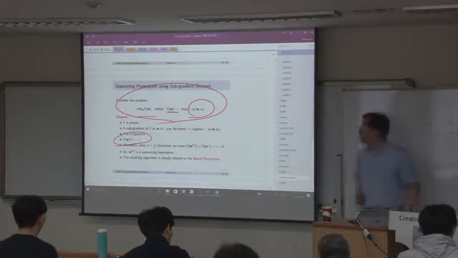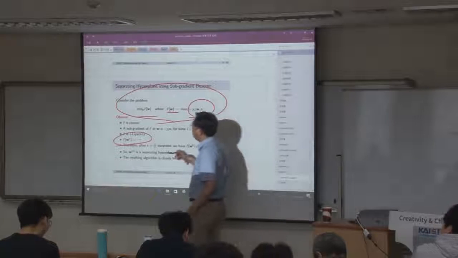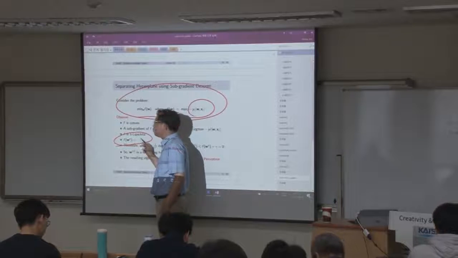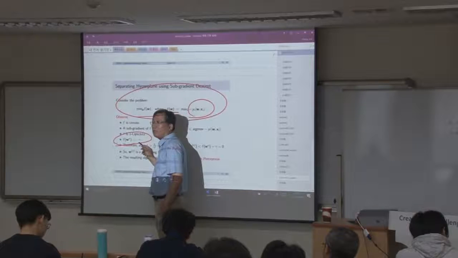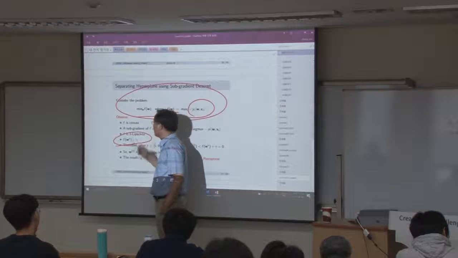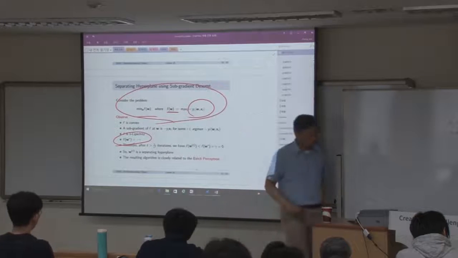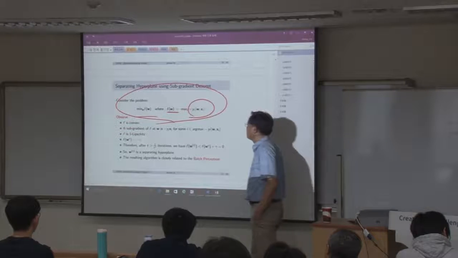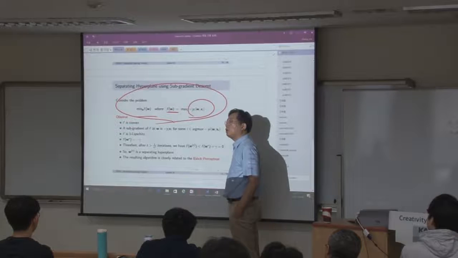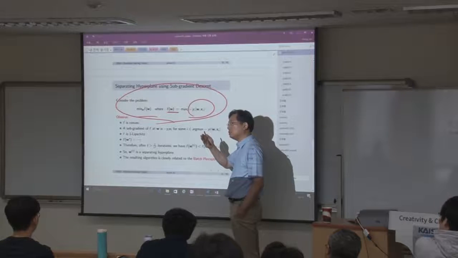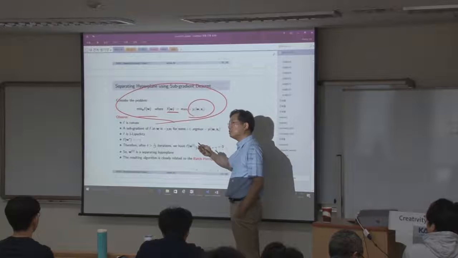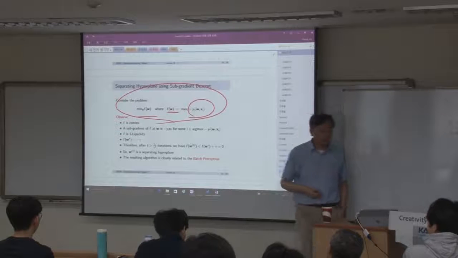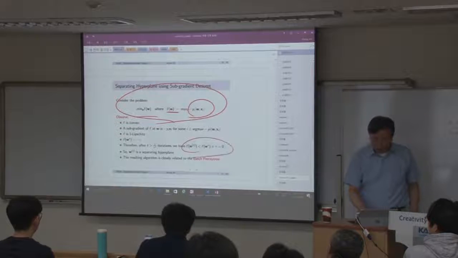And at the maximum point, this value will be negative gamma, because we said the minimum value will be gamma. Negative gamma. So, looking at this subgradient descent algorithm as a feasibility problem, where you want to do this.